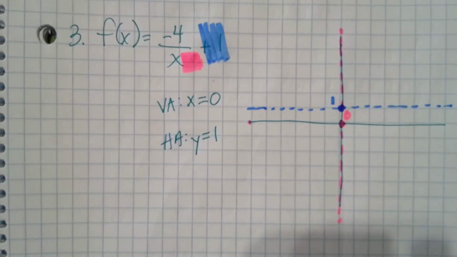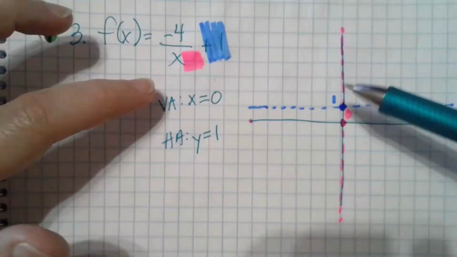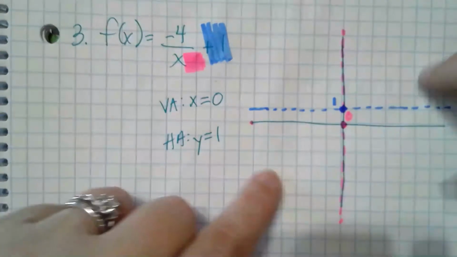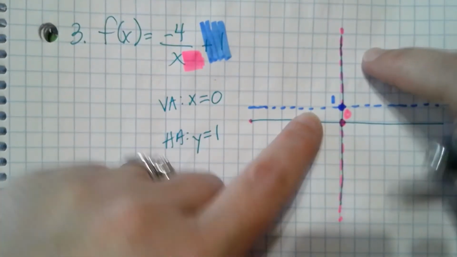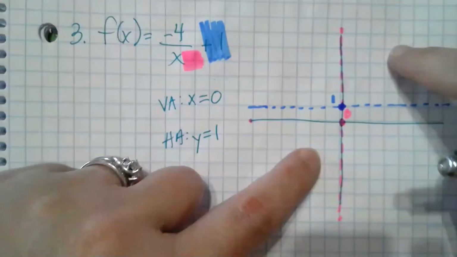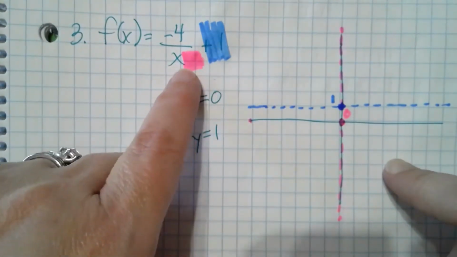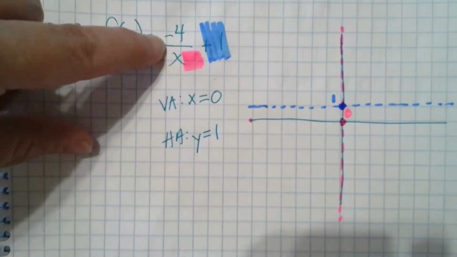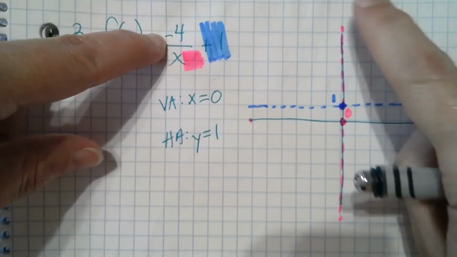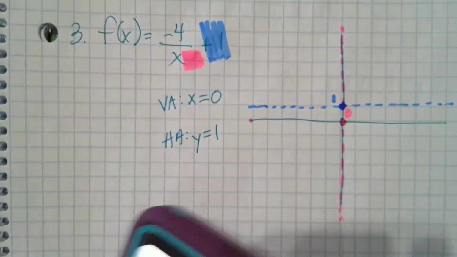Okay. Now, the only other thing for sketching my graph is to decide if it's going to be in these 2 quadrants, like the last 2 that we've done, or if it's going to switch. So how do I tell if it's done that from my equation? This negative right here. The negative is going to flip that for us.